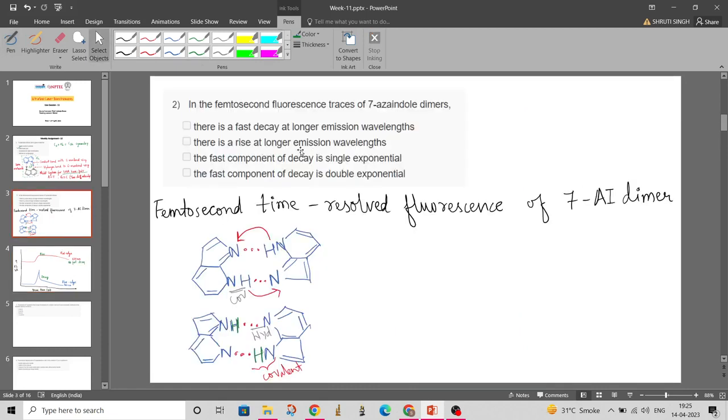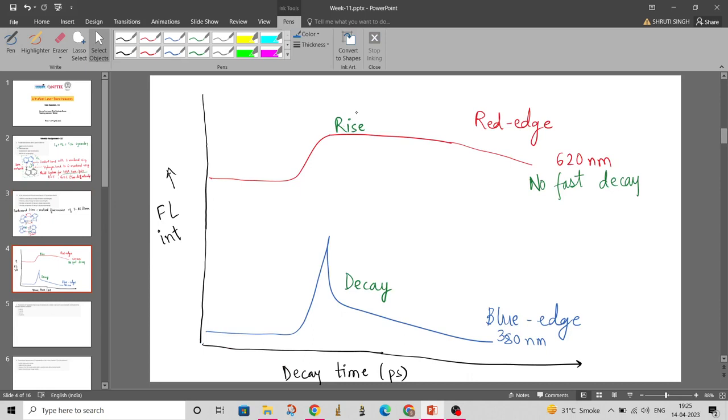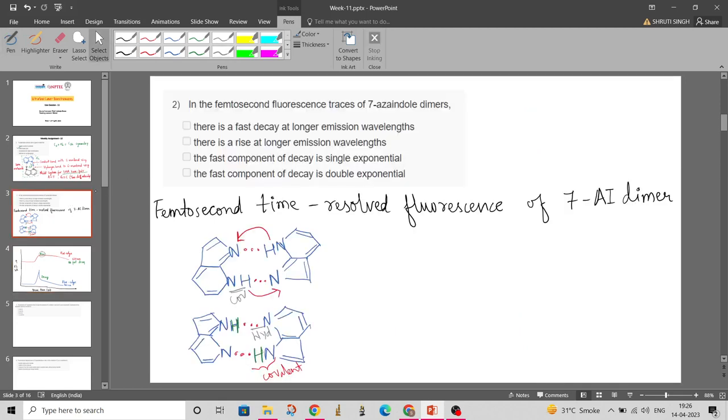There is a rise at the longer emission wavelength. Yes, it is correct. This is the rise. So at the longer emission wavelength, which is the red side, 620 nanometer, we see a rise. So this second statement is correct, that there is a rise.